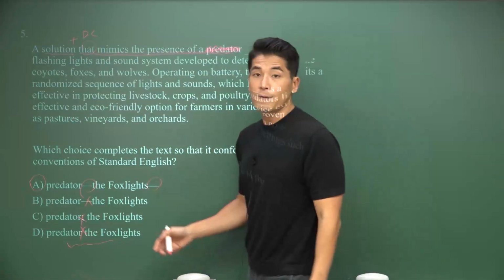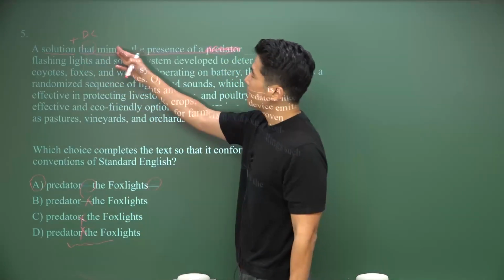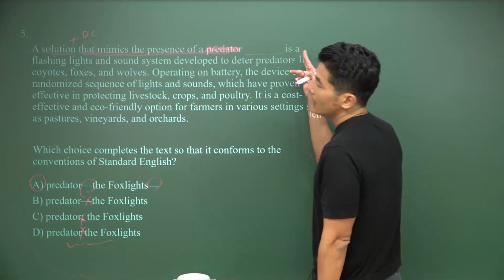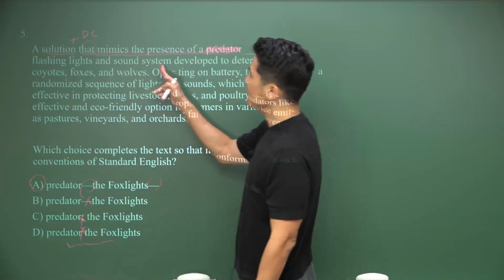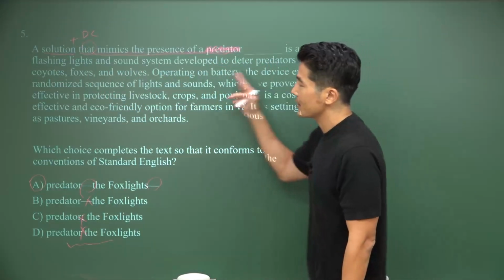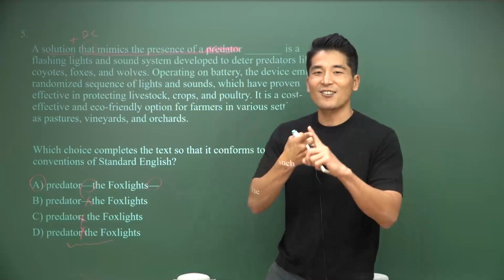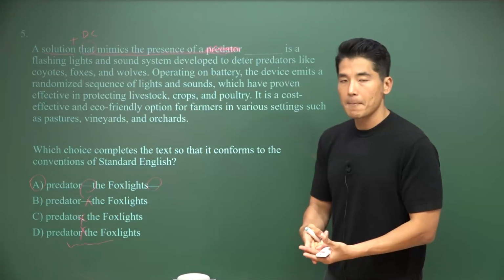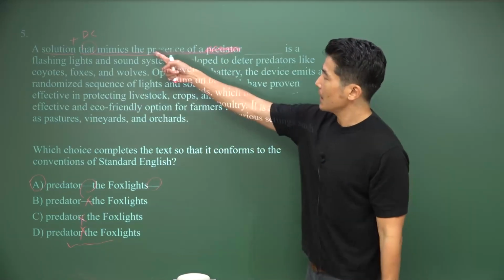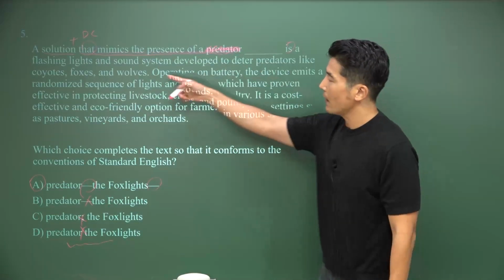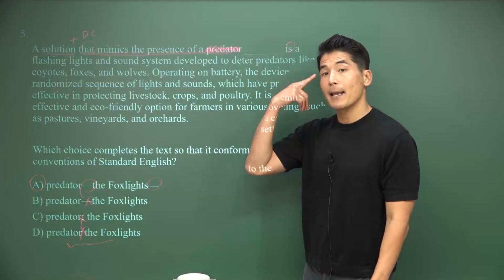So here, if we say, "a solution that mimics the presence of a predator is a flashing lights and sound system developed to deter predators like these guys," is it grammatically correct and does it make logical sense? It does. We have our subject, verb, and our complete thought. Grammatically correct, plus it makes sense.